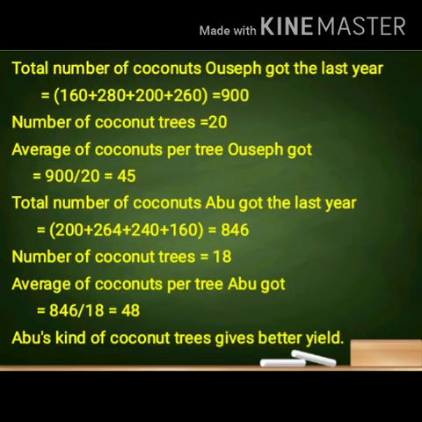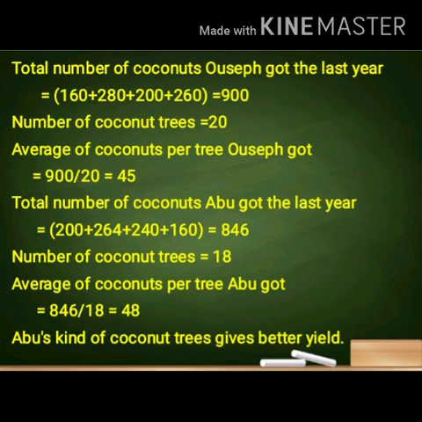Let's compute the average number of coconuts per tree for each kind. Here the total number of coconuts Ausep got last year, just adding the terms, we will get as 900. And the number of coconut trees Ausep has is 20. So the average of coconuts per tree Ausep got, we just divide 900 by 20, we will get 45. Then we want to find it for Abu.